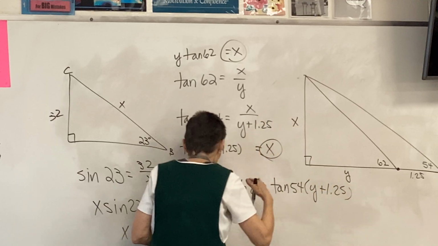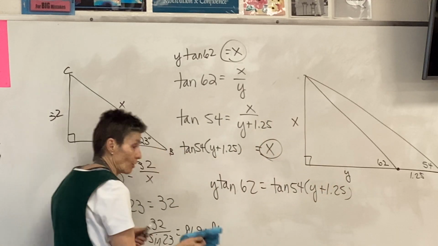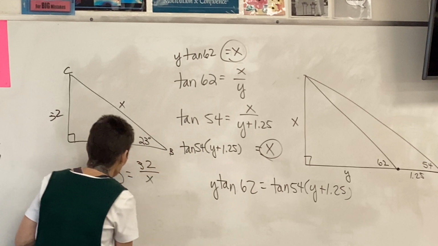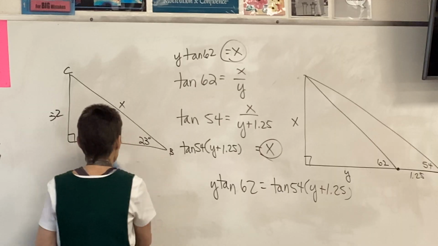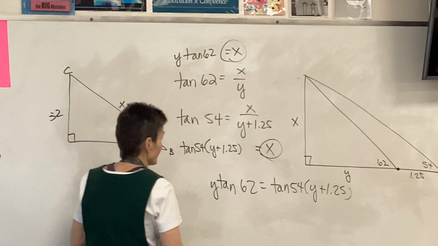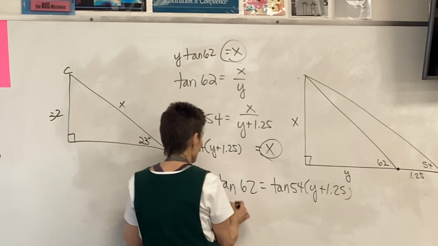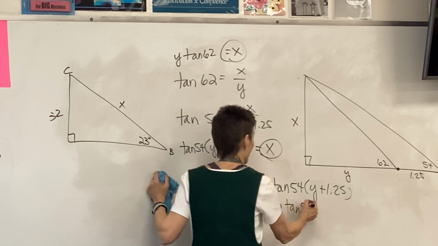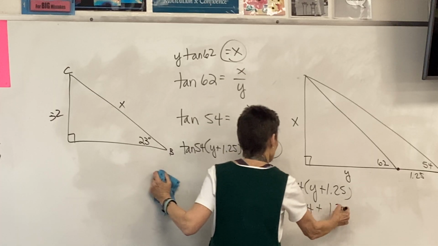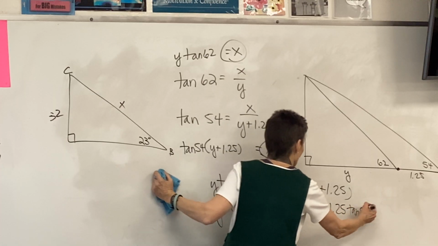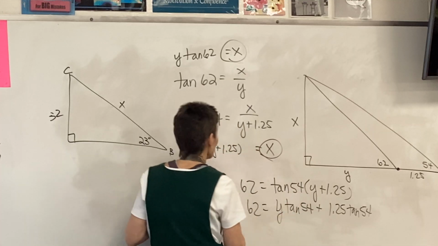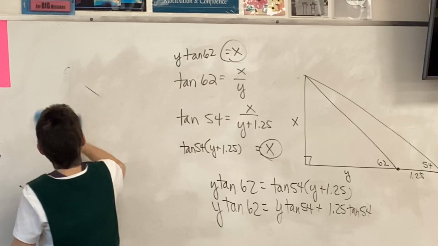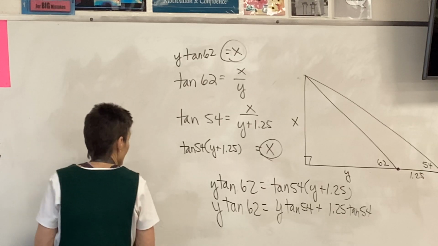I know there's a lot going on in that equation, but it isn't hard. Now I distribute. Remember, tan 54 is just some kind of decimal, so it distributes. y tan 62 equals y tan 54 plus 1.25 tan 54. Now I'll put all the y's on the same side of the equation.